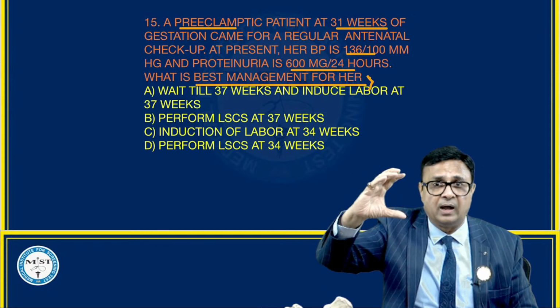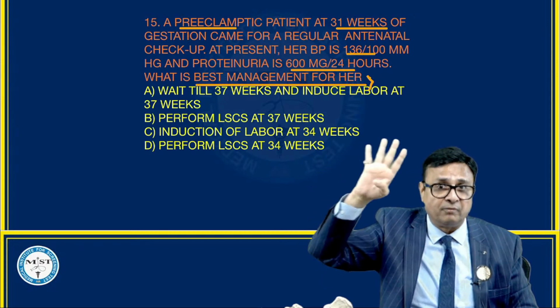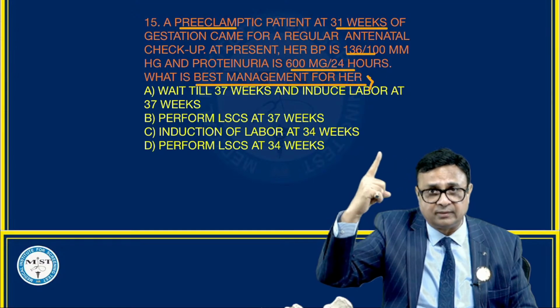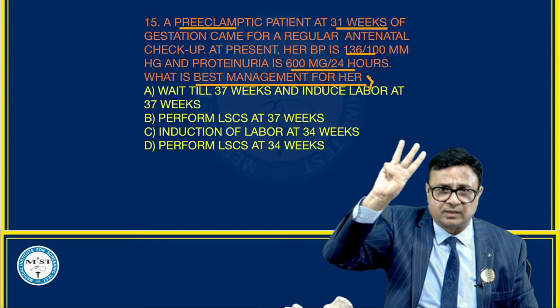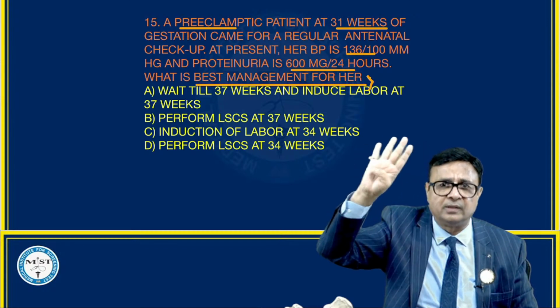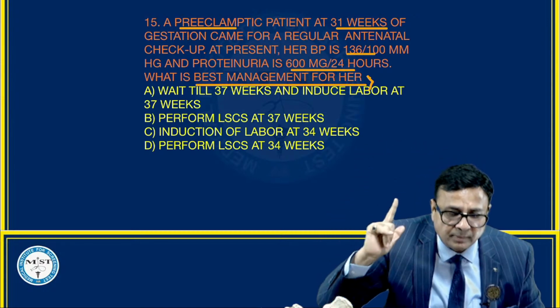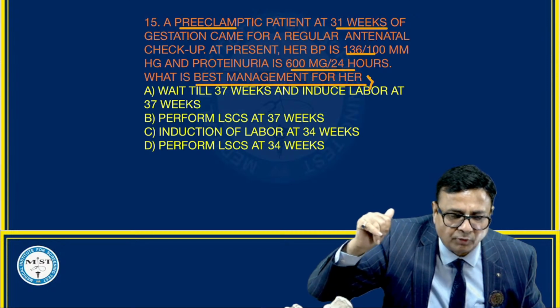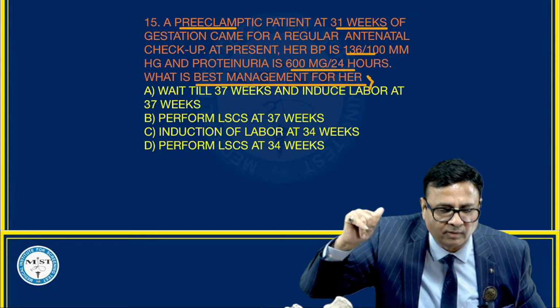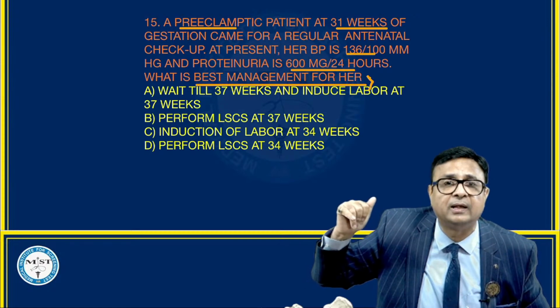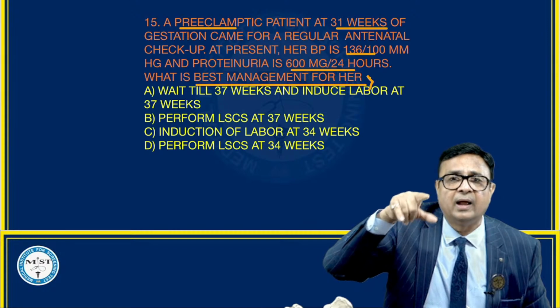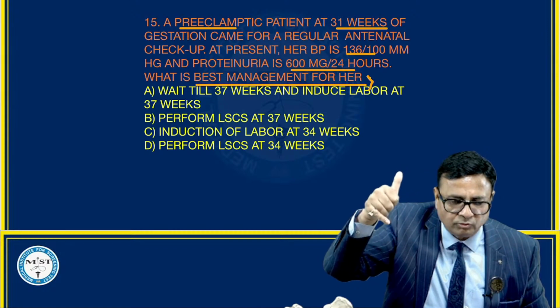Whenever BP is high and proteinuria is present, we have to categorize these 4 things. Tell me. Mild preeclampsia, very good. So Amandeep says, wait till 37 weeks and induce labor at 37, you are perfect.